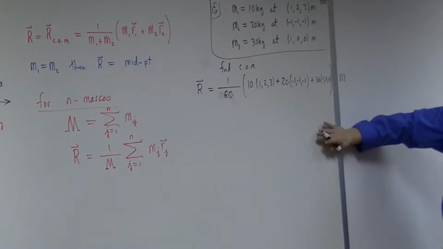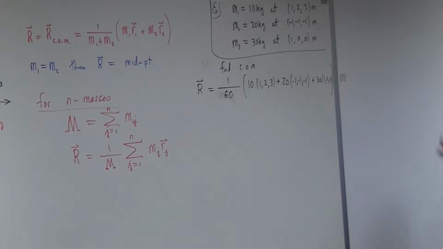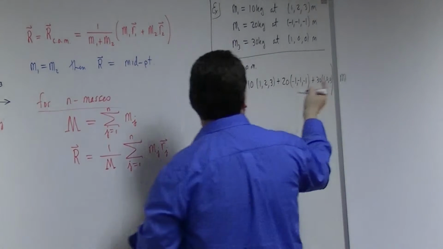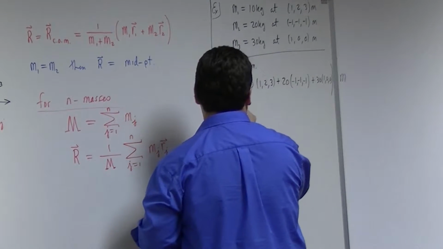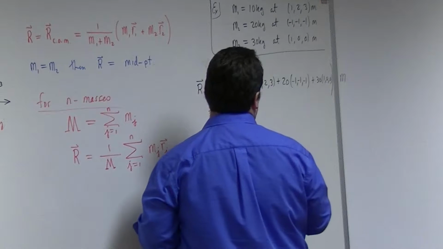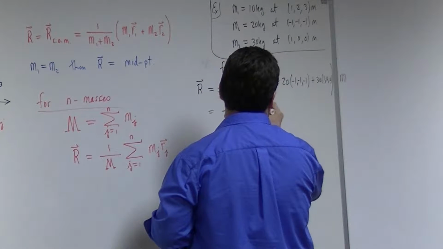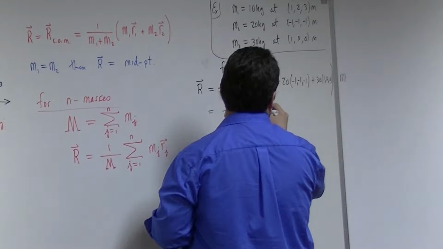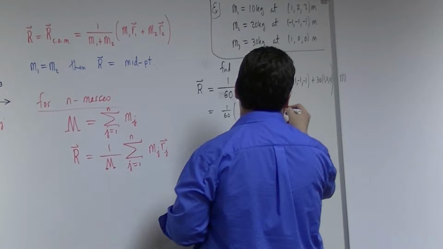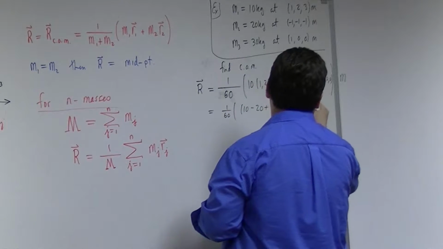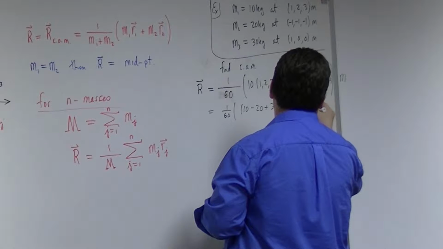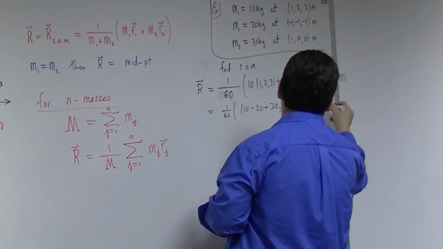And then you guys can add vectors, right? So this is what, 1/60th? What do we got? 10 minus 20 plus 30. 20 minus 20. And 30 minus 20.